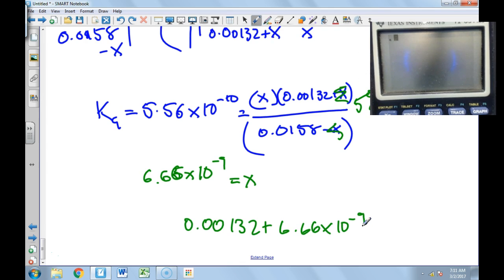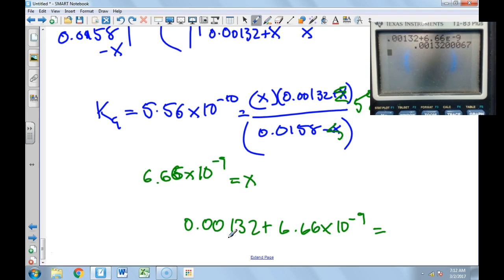Okay, so now we go 0.00132 plus, and now this is the funny part, this is still going to be 0.00132, but I will add it just to show you, times 10 to the minus 9. And so, see, it rounds to that value.